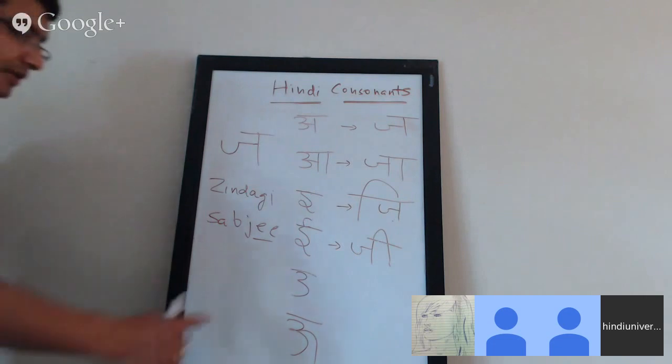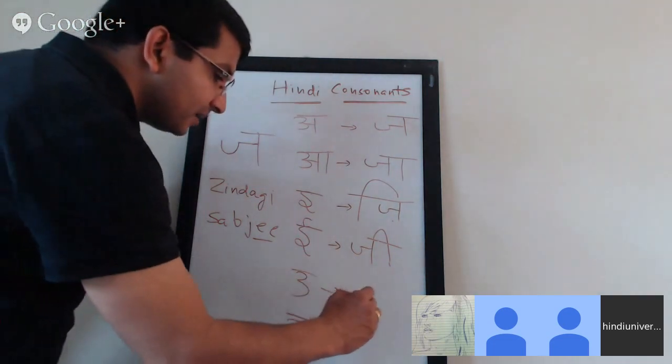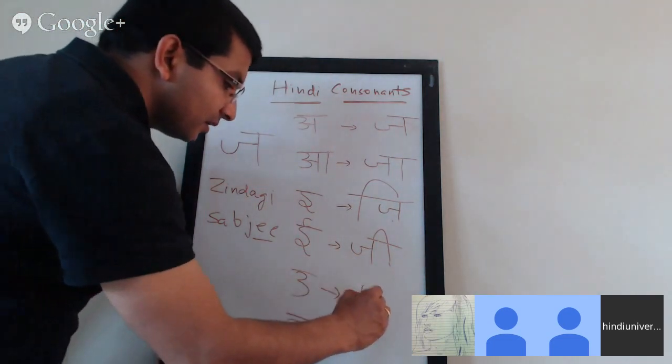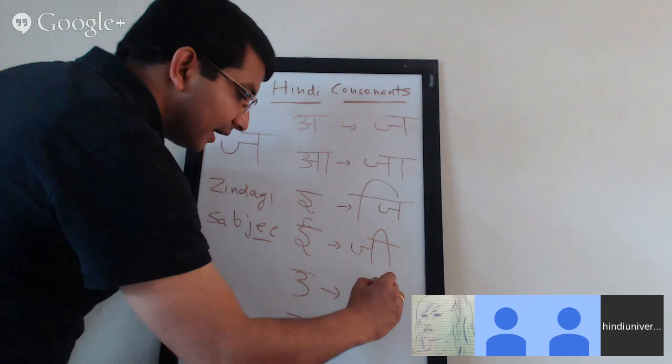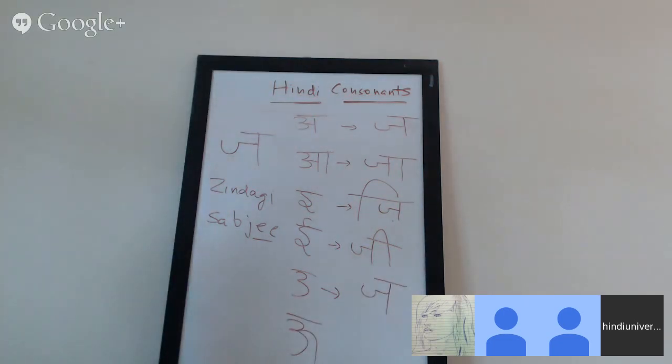Now this one would be again. Any idea where the oo matra will be, left hand side or right hand side? I'll give a few more seconds here.